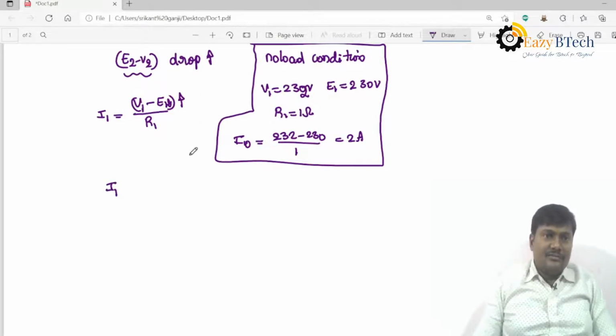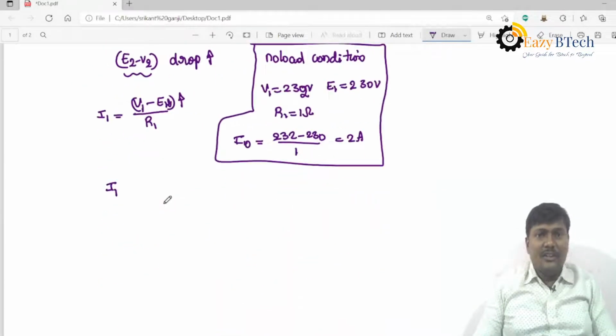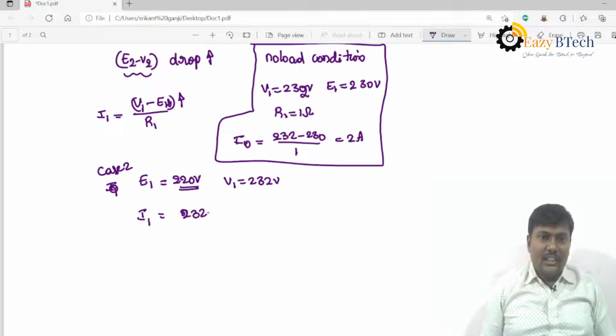Because of flux reduction, the EMF induced in the primary winding and secondary winding both will reduce. Now E1 reduces to 220 volts. This is called case 2, and the supply voltage is constant, that is 232 volts. Now I1 is equal to 232 minus 220 divided by the resistance of the winding, which is constant, that is 1 ohm, so 12 amperes.